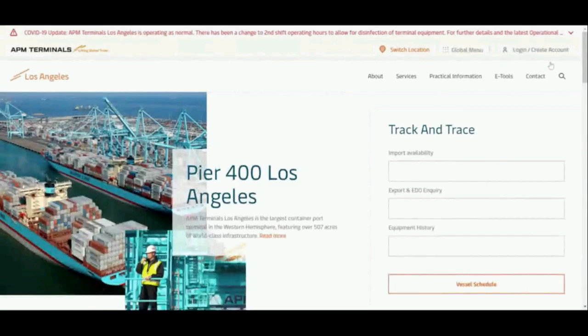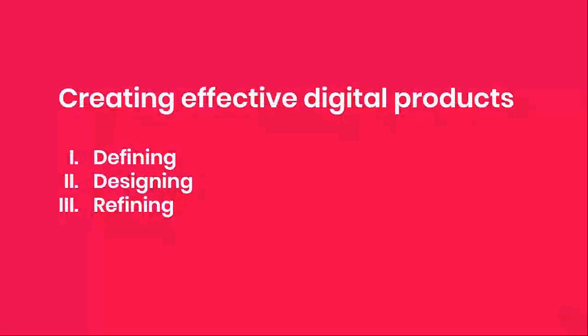So that's been a whistle-stop tour through how we go about creating effective digital experience products, and how APM Terminals has been incredibly successful at doing that. Going through this defining, designing and refining process, and thinking about the 3 T's when you're creating virtual workshops and gathering feedback and input into shaping what digital products we're going to build: the team, the timing, and the tools.